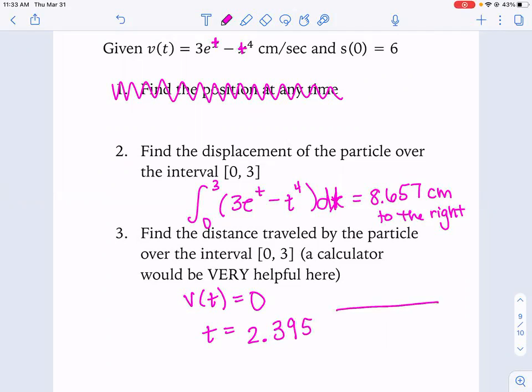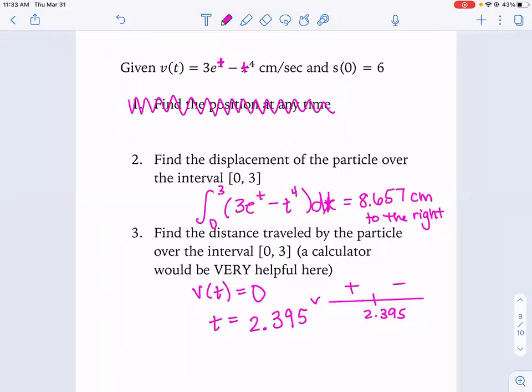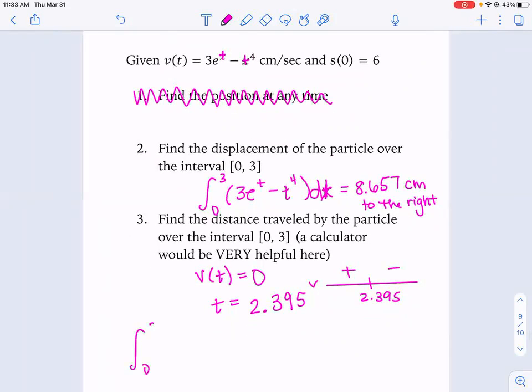And is velocity negative or positive first? It goes positive, then negative. So we would have to take the integral from 0 to 2.395 of our velocity minus the integral from 2.395 to 3 of our velocity.